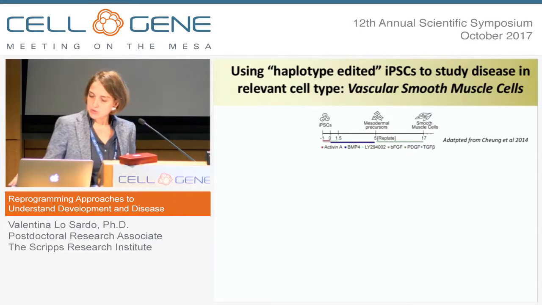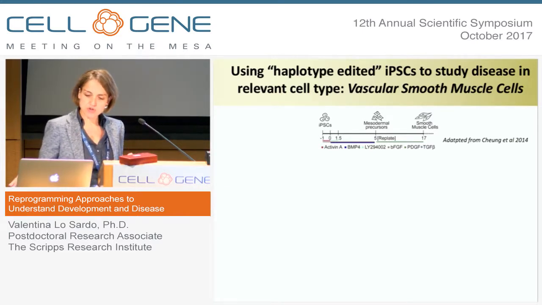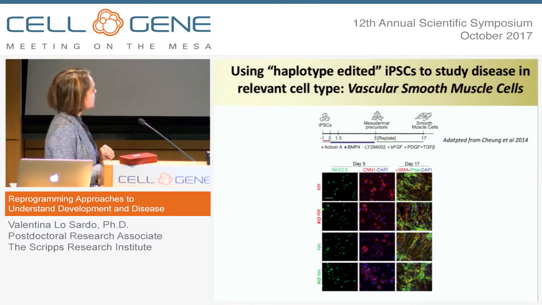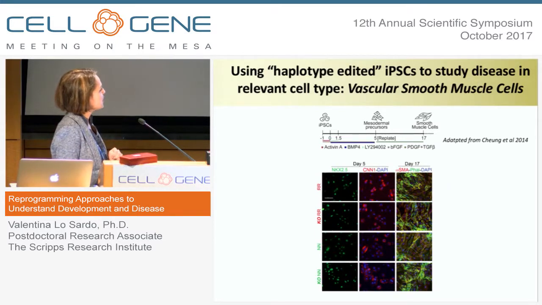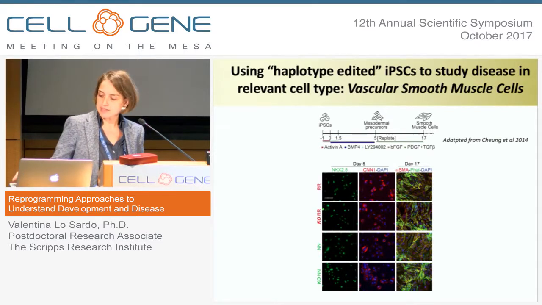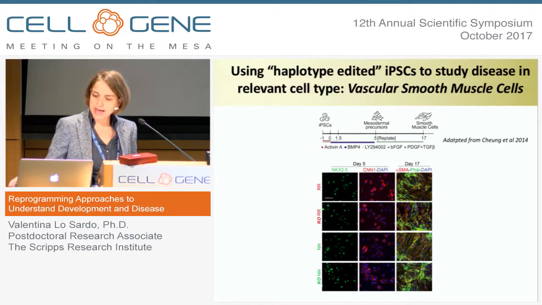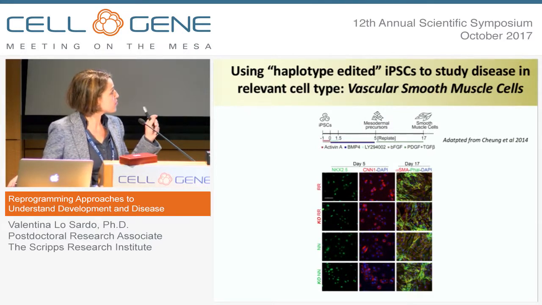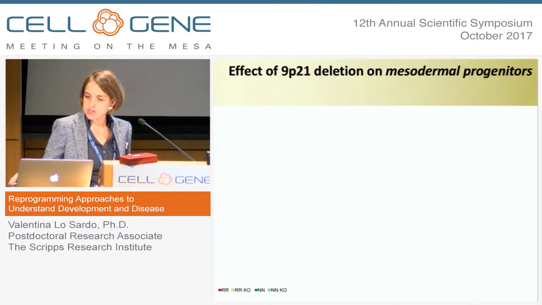We applied a protocol that makes mesodermal progenitors first and then smooth muscle cells. As you can appreciate, all 4 genotypes can make mesodermal progenitors and also smooth muscle cells at the end. So we went ahead and did RNA-seq from these 2 steps, mesodermal progenitors and smooth muscle cells.